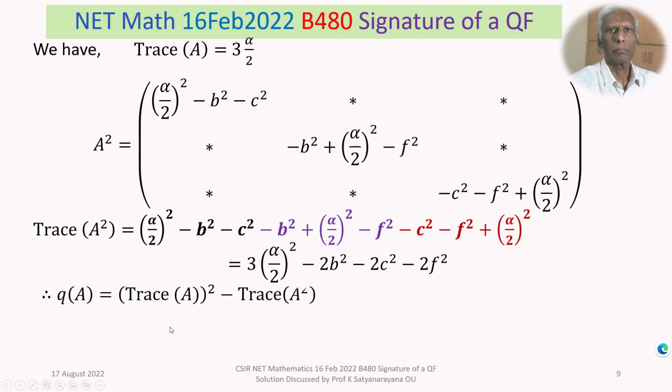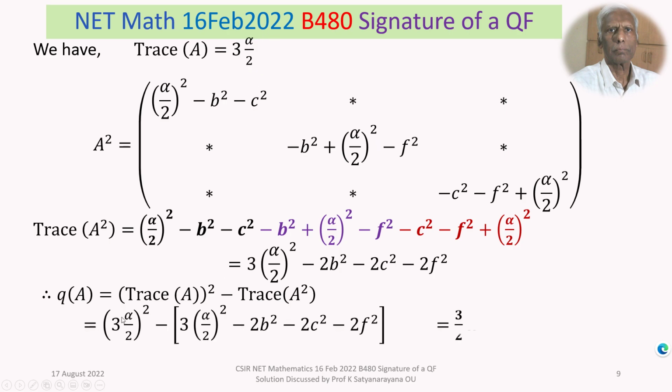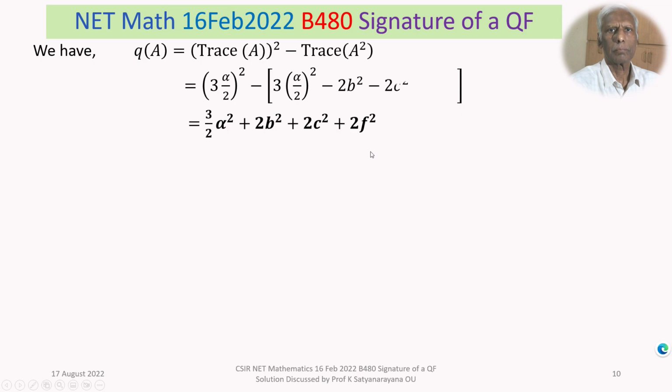Now Q of A is equal to the square of trace of A minus trace of A square, that is 3 alpha by 2 whole square minus the trace of A square. Now simplify. So this minus this will be 3 by 2 alpha square plus 2b square plus 2c square plus 2f square. So that is the Q of A, the quadratic form of A. That's how we got it.